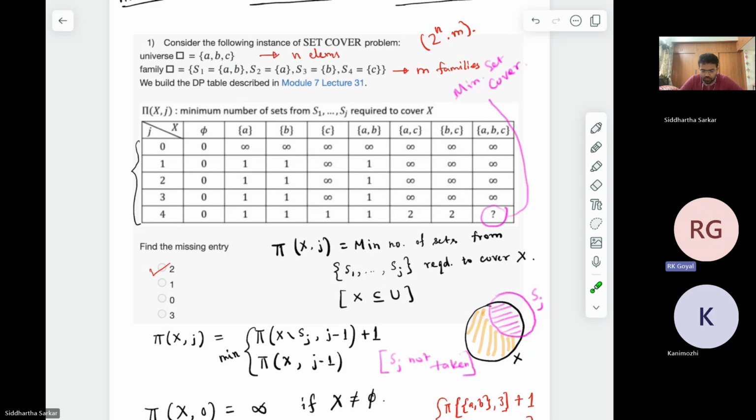But set cover itself is an NP-hard problem, so we do not expect polynomial running time anyway. But if the number of elements in the universe is not too large, then this makes sense. Otherwise, not. Yes.